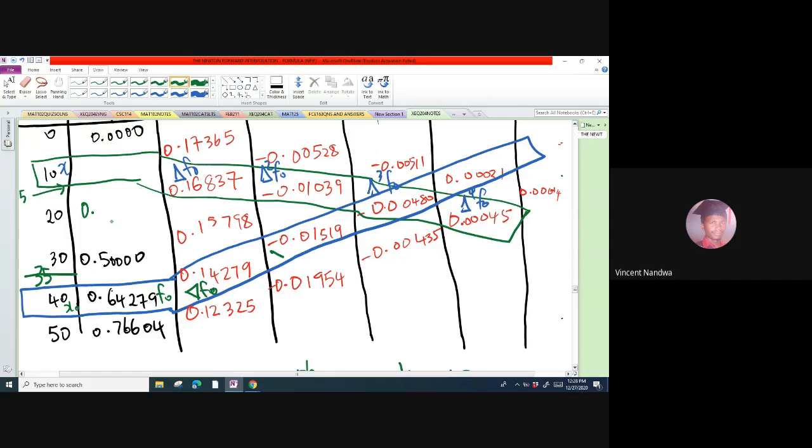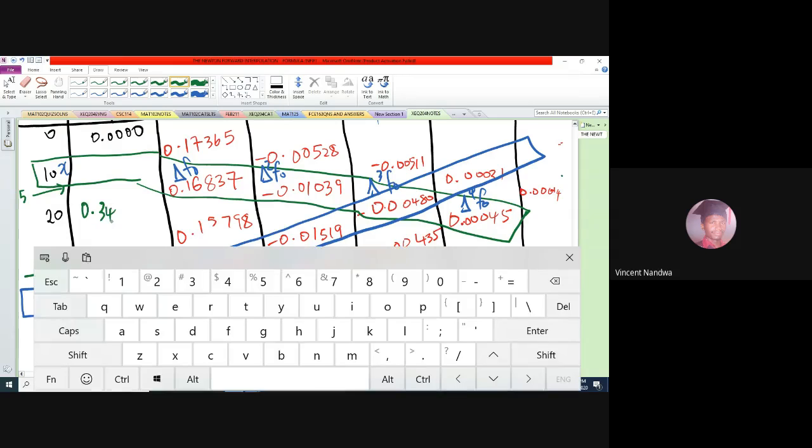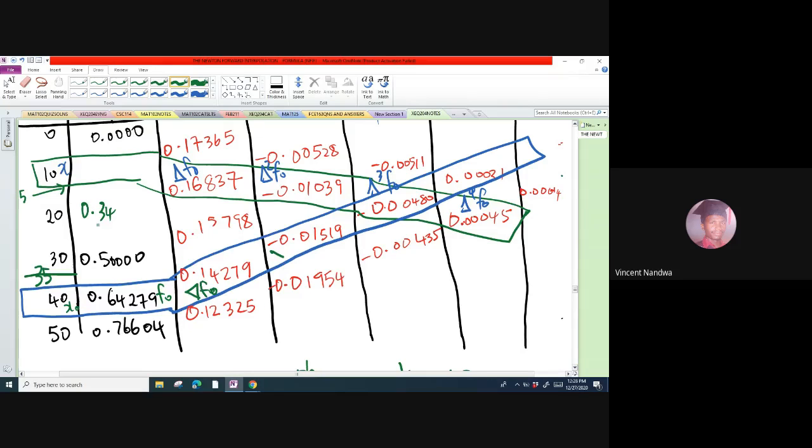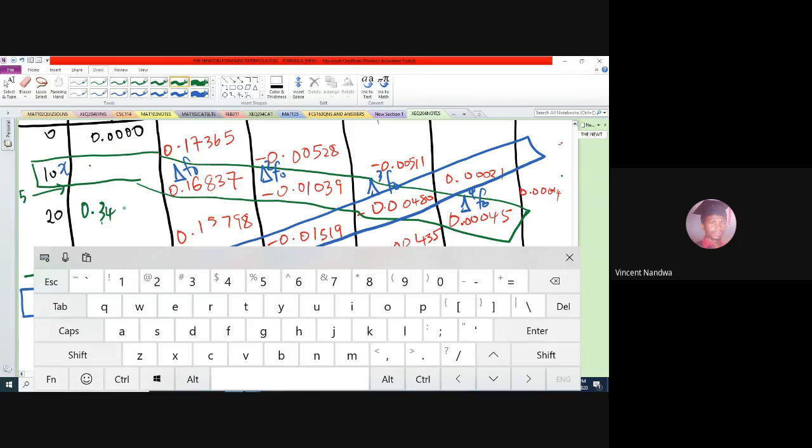For 20 we have 0.34. Then we have 202. So this was 0.17365.